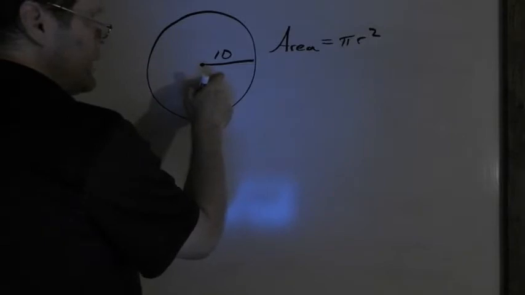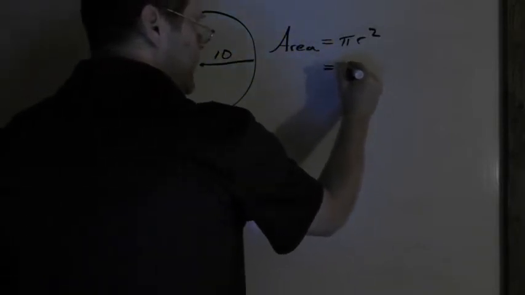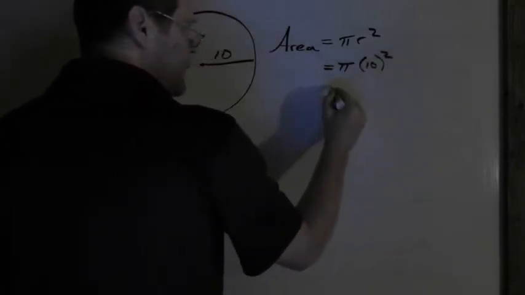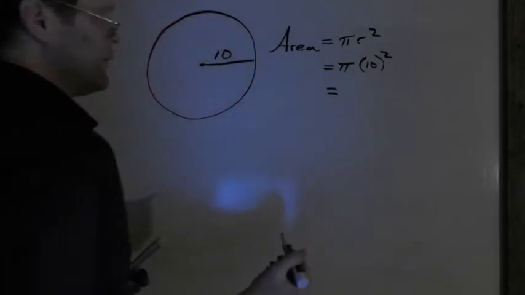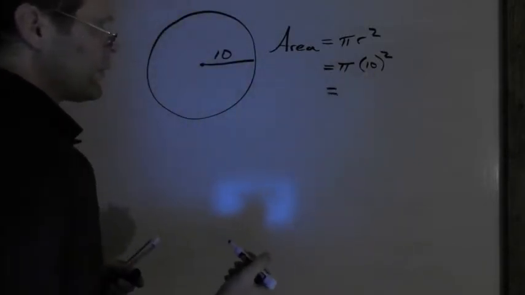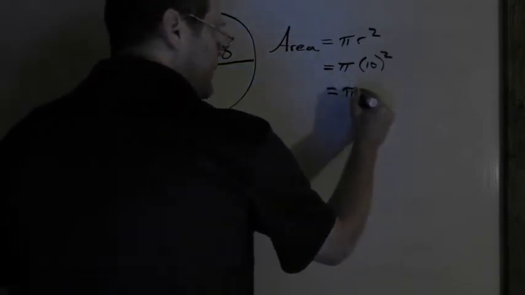So what's going to go right in here is equal to pi times 10 squared. Now 10 squared we're going to remember is equal to 10 times 10, so I'm just going to write out all my steps.